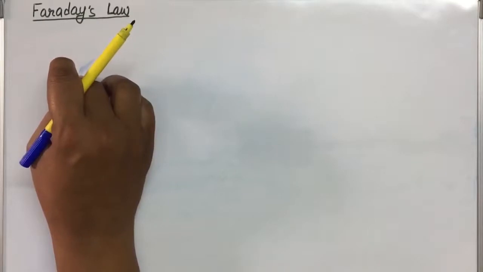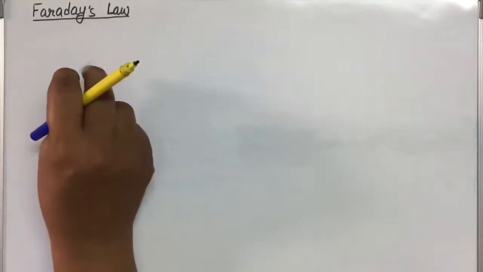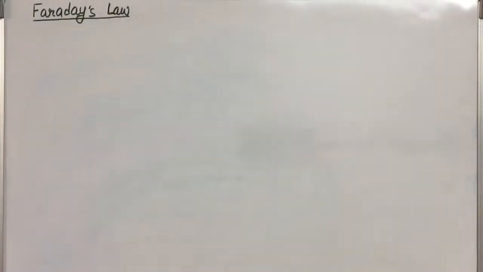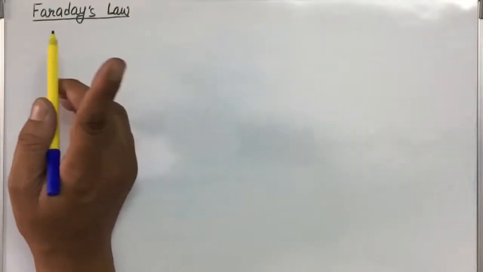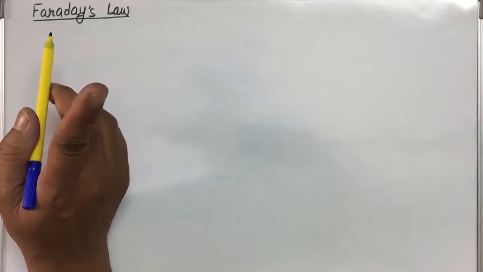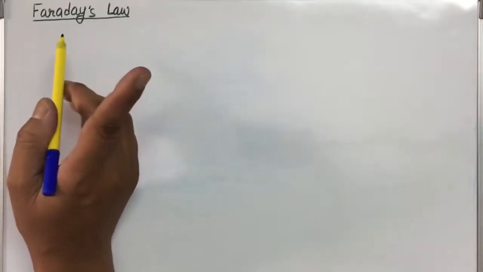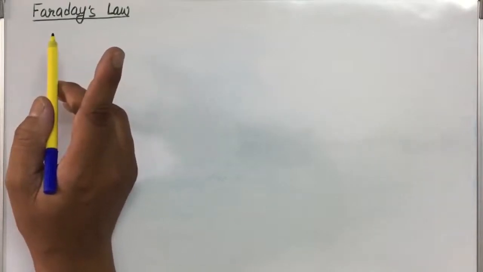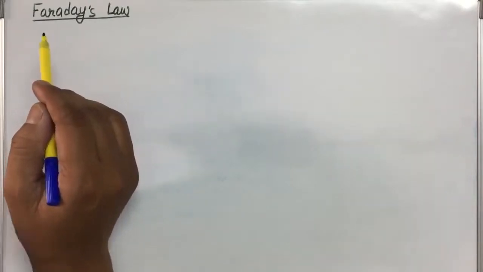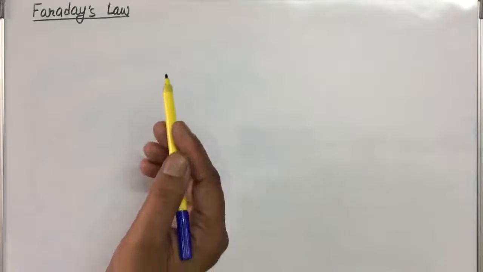Now we will see the relationship between these two quantities. Faraday's law states that a static magnetic field does not induce any EMF or electric field, but a time varying, or dynamic, magnetic field is responsible for inducing an electric field.